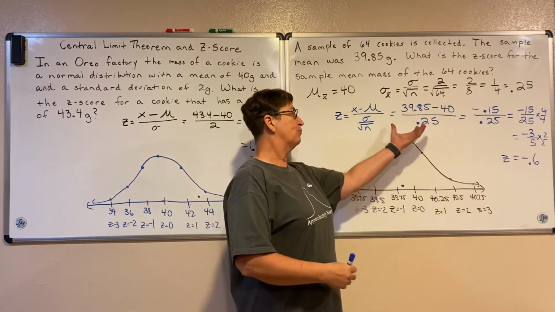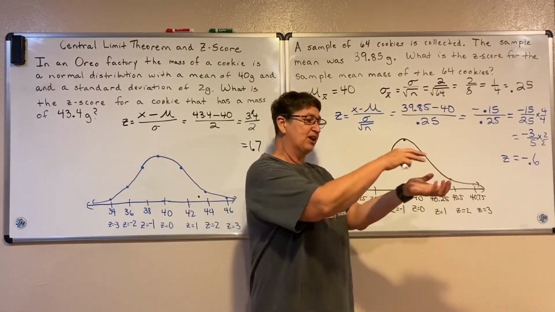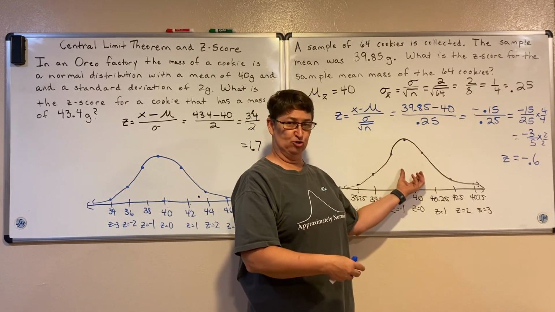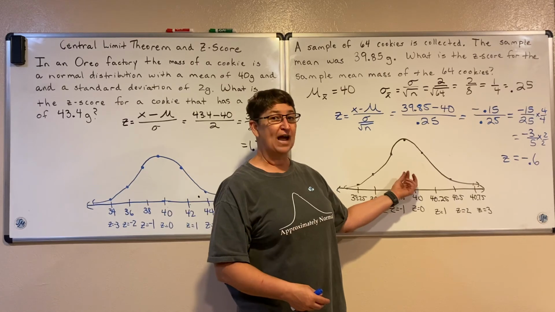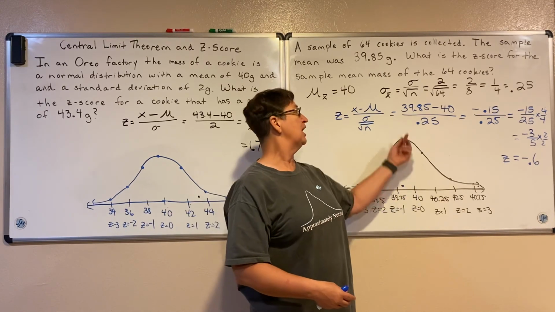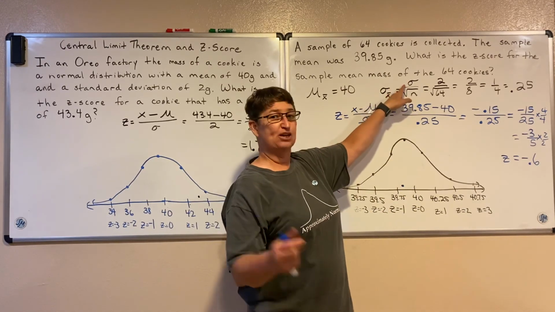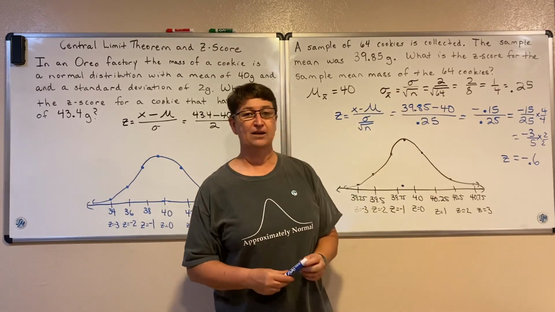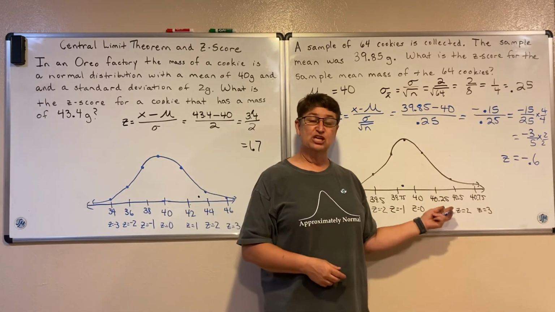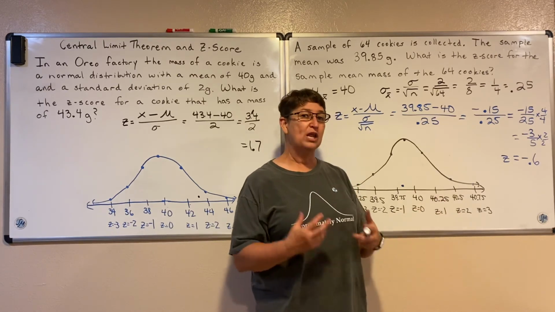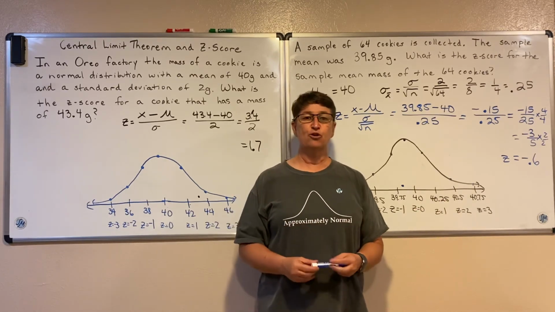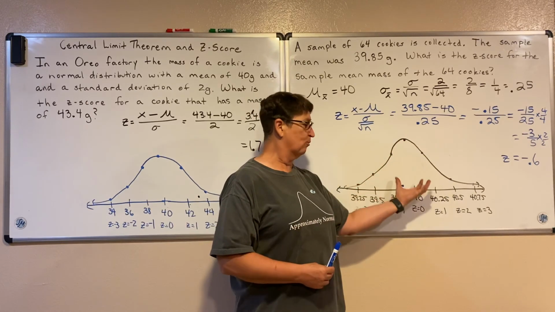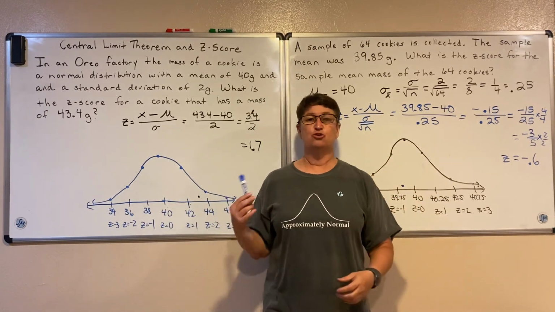But then when I pulled out a sample and found a mean from that, it created a sampling distribution. And in order to find that standard deviation, I had to take the standard deviation of my population and divide it by the square root of my sample size. So the central limit theorem is a really powerful theorem that lets us create these normal distributions using that information from our population.